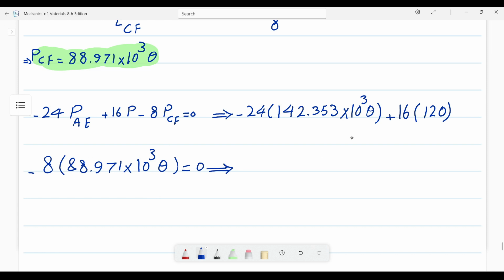If we solve this equation, theta equals 0.4651 multiplied by 10 to the power of minus 3 radian.